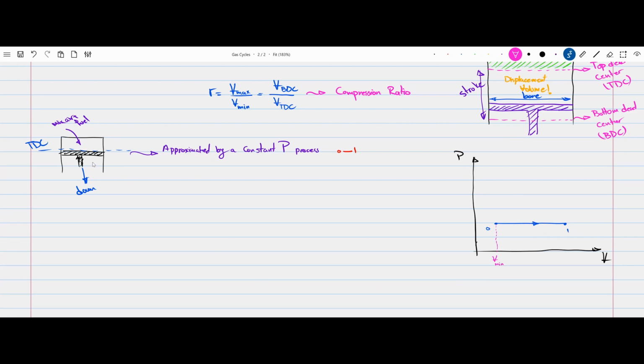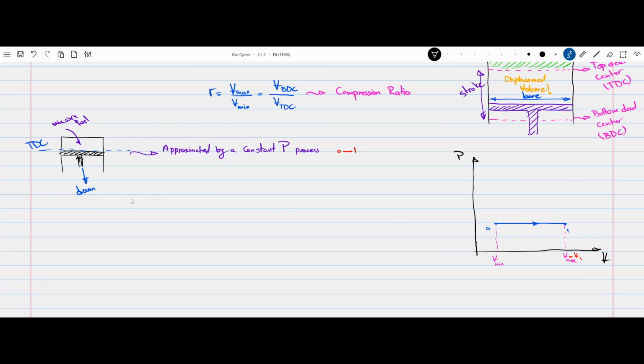And the process ends when the piston reaches the BDC, the maximum volume. So right away, you can see that the maximum volume in our system is equal to the volume of state 1. Now keep that in mind, and we are going to continue.